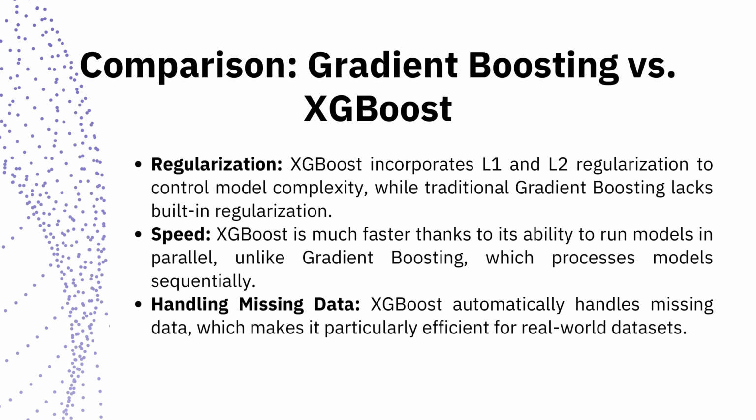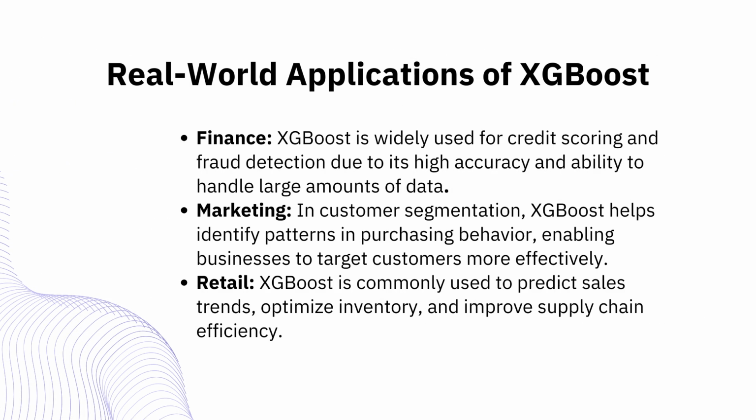Second, it's much faster due to its parallel processing capabilities, which allow multiple trees to be processed simultaneously. Finally, XGBoost can natively handle missing data, making it easier to use with real-world datasets that are often incomplete or sparse.